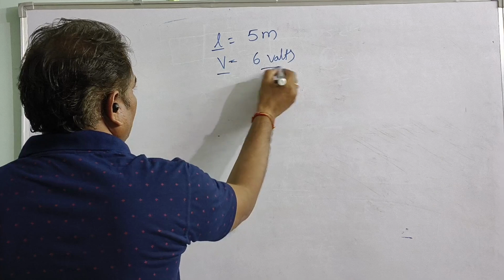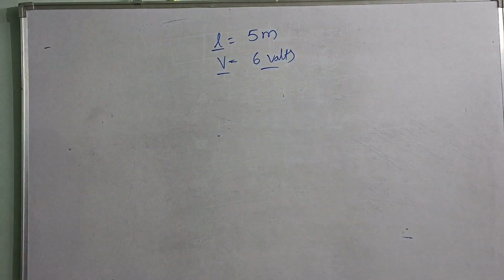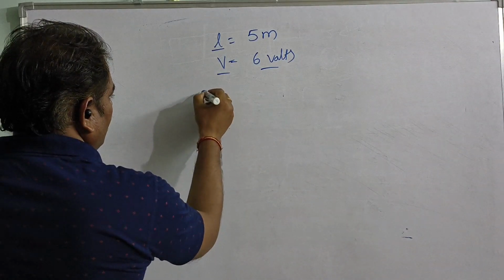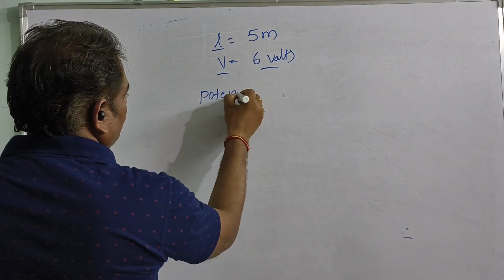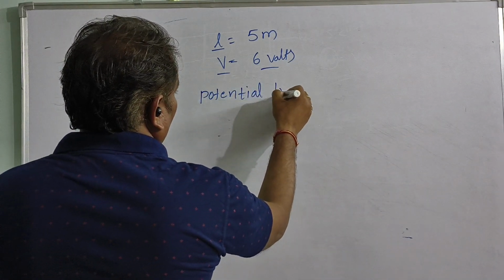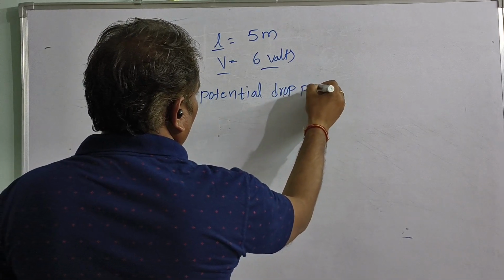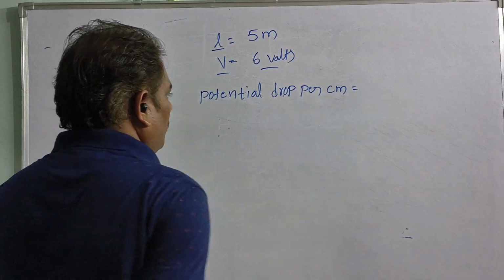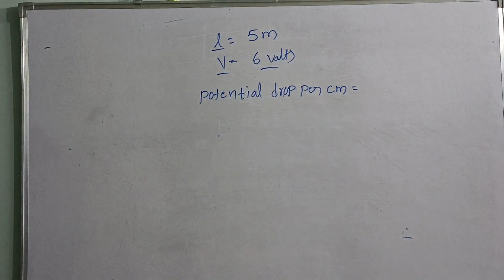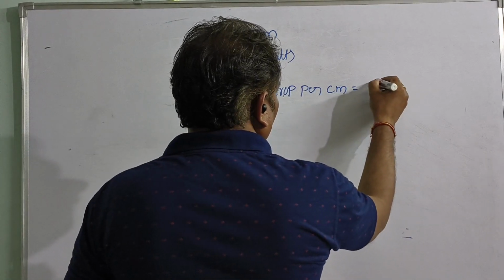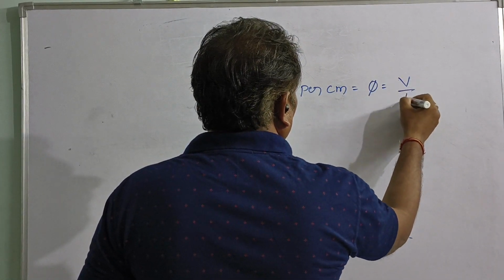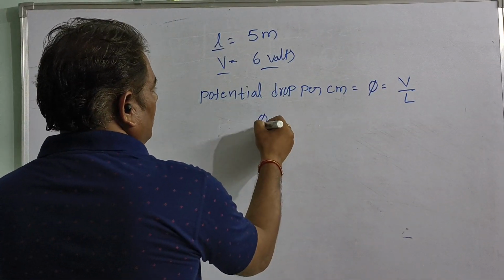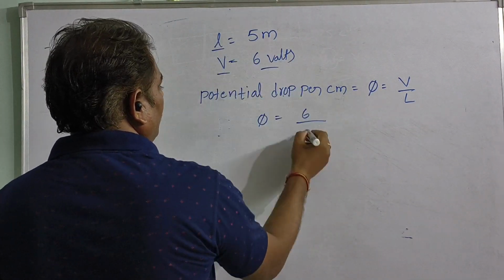Here we need the potential drop per centimeter. We generally represent potential drop with the letter phi. Phi is equal to volt per length. So phi is equal to 6 volt by length 5 meter.